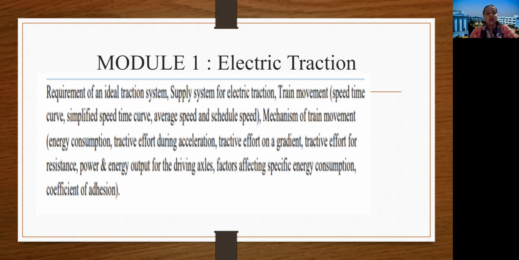Within that, energy consumption, tractive effort during acceleration, tractive effort on a gradient, tractive effort for resistance, power and energy output for the driving axles, factors affecting specific energy consumption, and coefficient of adhesion. So these are all within module 1 according to your syllabus.